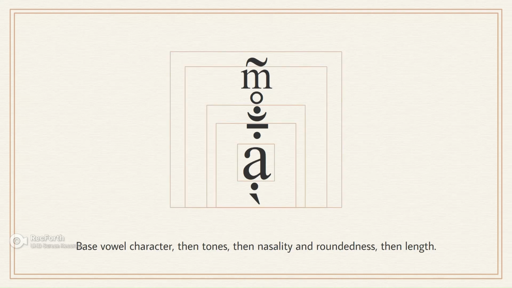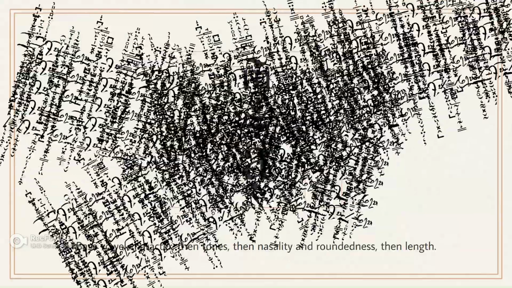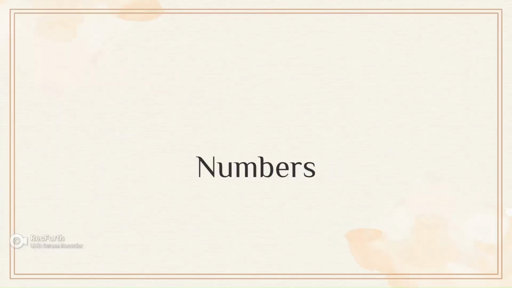So first of all, we have the main character, and then surrounding it, first of all, is the tones, and then the broken tones sign, diacritic I meant, and then roundedness, and then nasality, and then length. Look at it. It looks like Zalgo text, does it not? It's amazing. It's lagging my computer.